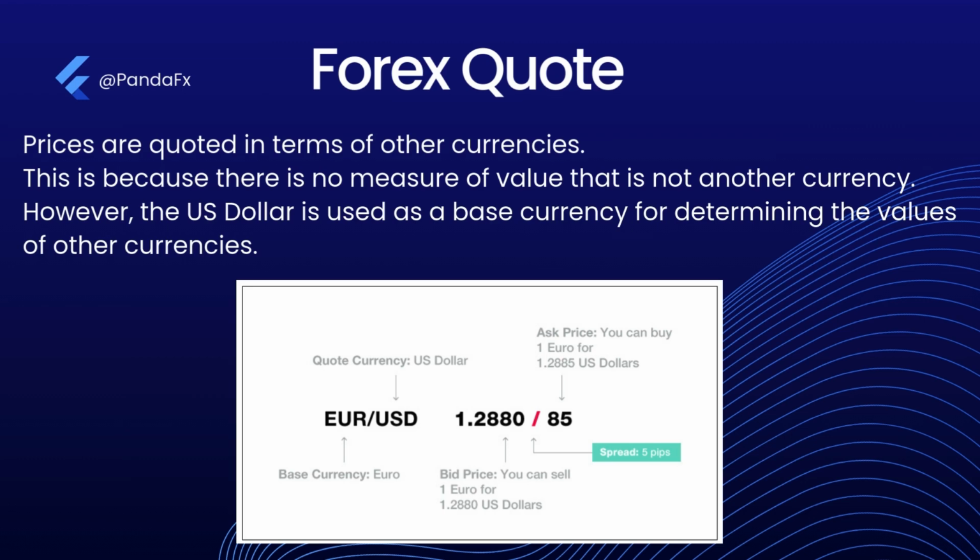That means if you are selling dollar immediately, the bid price is what you are selling it at. And if you are buying dollar immediately, the ask price is what you are buying it at. So you can buy at 1.2885 and you can sell at 1.2880.